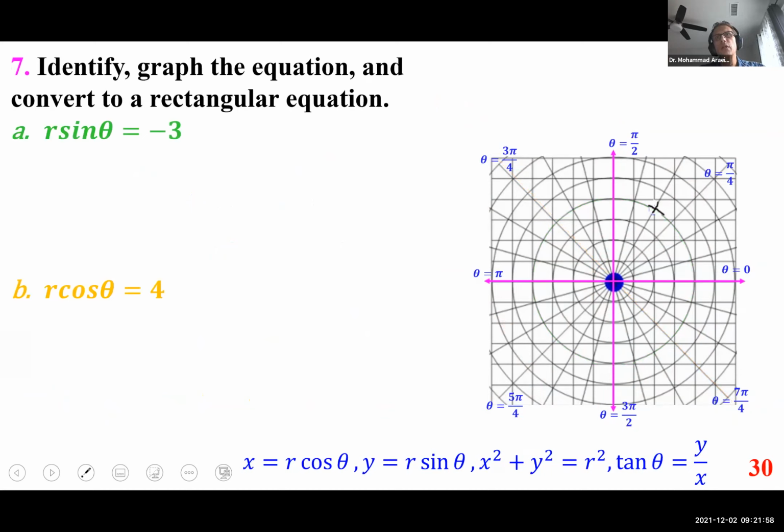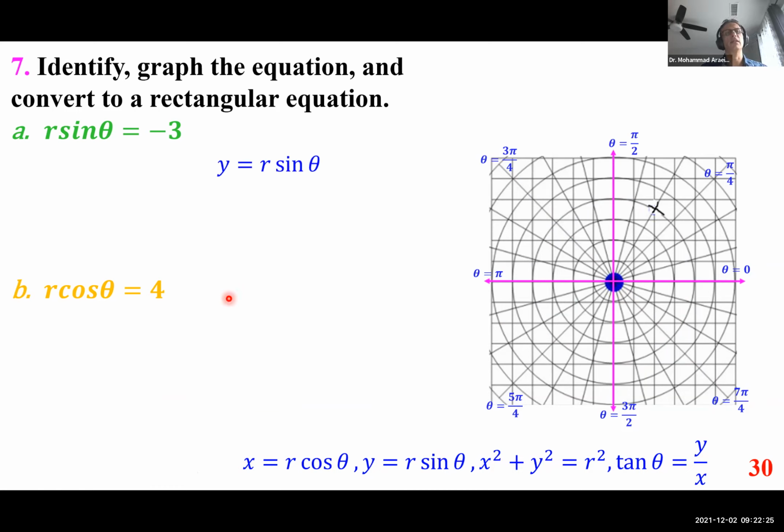Let's look at this one. Identify, graph the equation, and convert to a rectangular equation. R sine theta is given as -3. And again, you look at all of this. This is because we want to make sure we have all the information. Remember, y is represented by r sine theta, right?